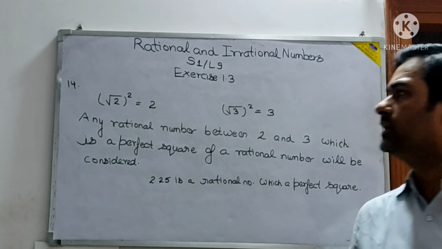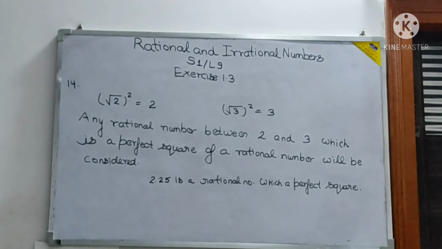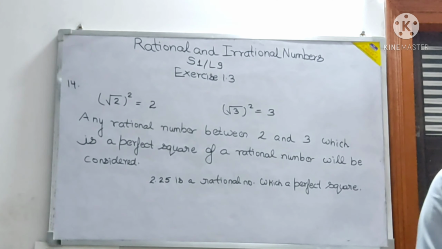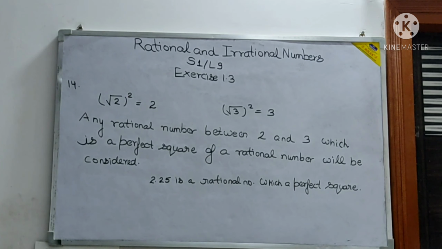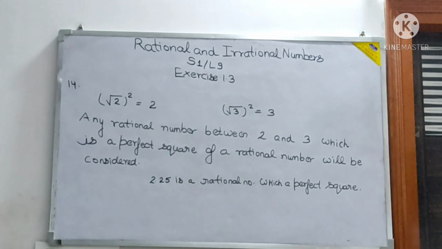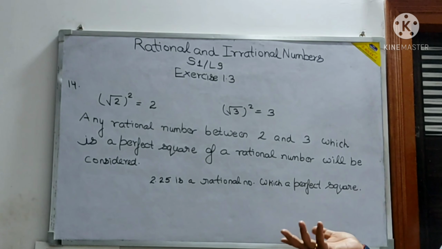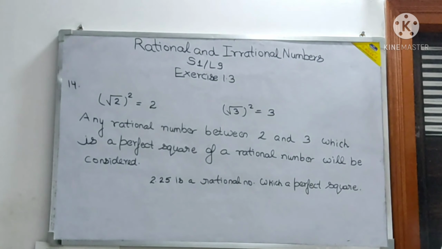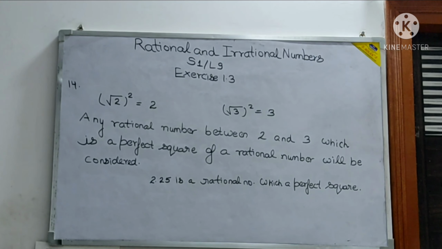Which perfect square? 16 squared is how much? 16 squared is 256. So 2.56 also can be there. Then 17 squared is 289, so 2.89 can also be there. Then 18 squared is how much? It will go further, 324. So 18 squared can't be taken.